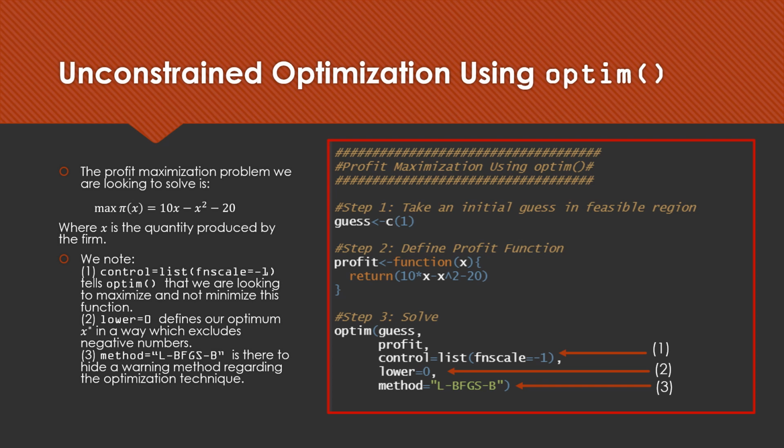This defines our lower bound, where we want our optimum to exist, which excludes negative numbers. And this last one is method L-BFGS-B, which is a box optimization method, and this is just to hide the warnings regarding using this optimization technique right here.